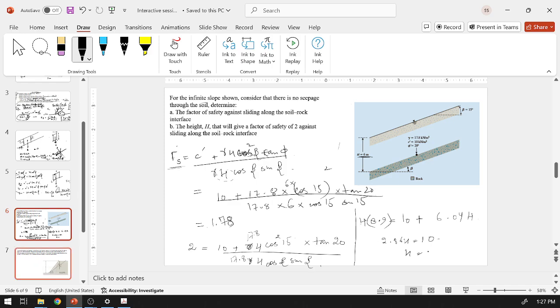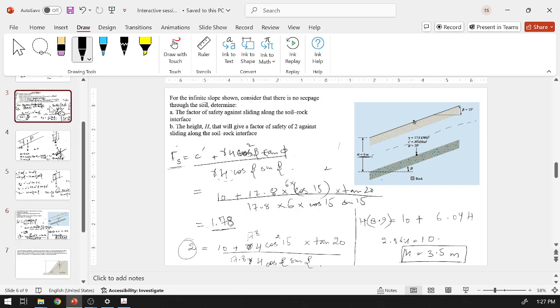H is 3.5 meters. So for a depth h equal to 3.5 meters, we will have a factor of safety of 2, and for a greater depth we have a lower factor of safety. Okay, so let's move on to the next part.